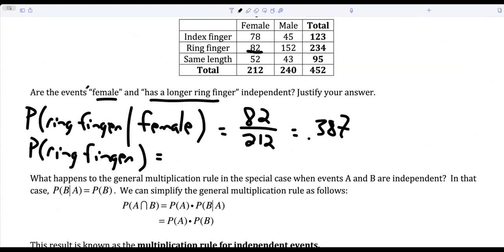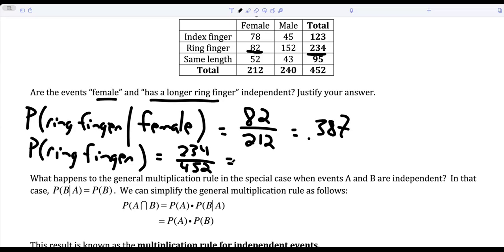So let's check that. What's the probability that the ring finger is longer? We're looking at the total number of people that have a longer ring finger, which is 234. Divided by the total number of people surveyed, which was 452.